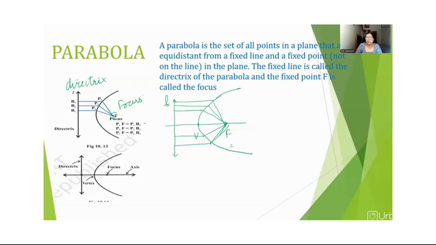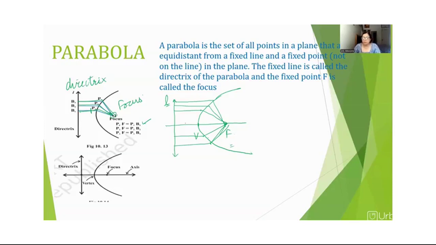Like if we have taken these 3 points, from F to P1 and from the directrix to P1, these distances are the same. So if we connect all the similar points, there are infinite points, then we can get this figure which is called a parabola.